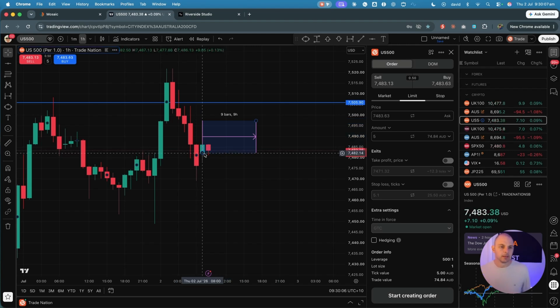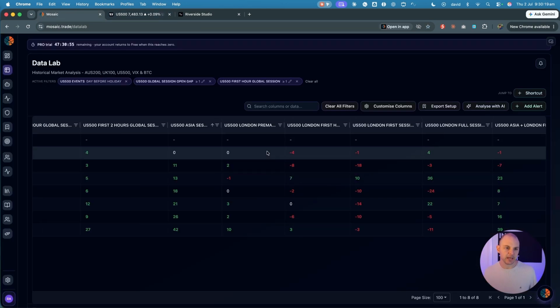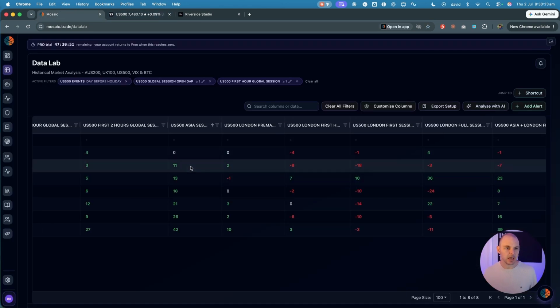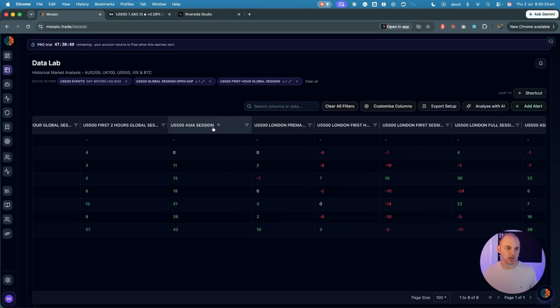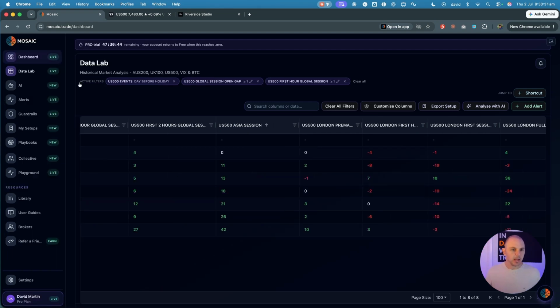Putting that into trading terminology, anything below 8482 on the US 500, historically you would make a profit closing that out at 5 p.m. So you normally see that momentum playing through.